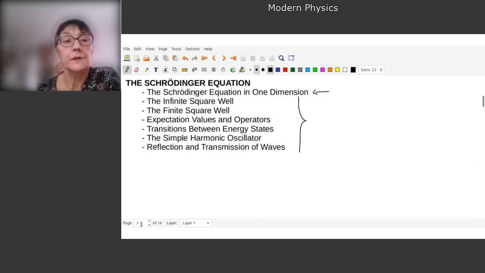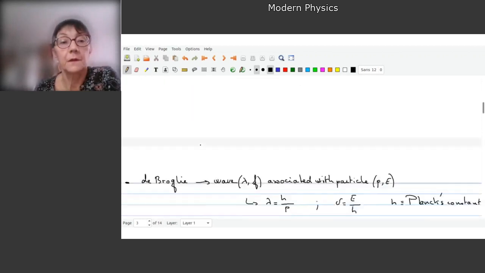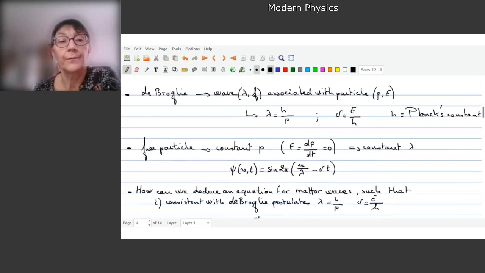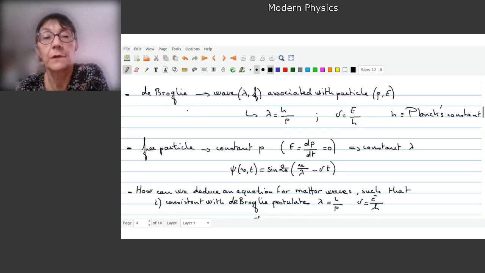Okay, so what we saw last time is that De Broglie made some postulates. He said that in the same way that you can study the behavior of waves as if they were particles, light particularly, you could associate a wave to a material particle.